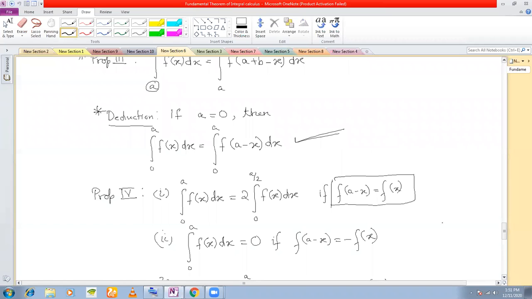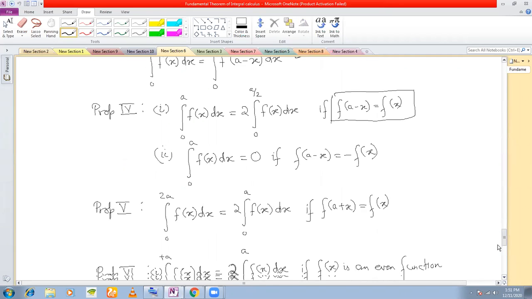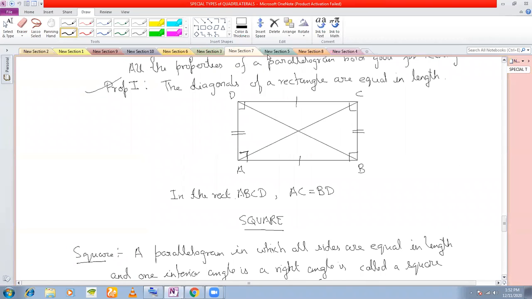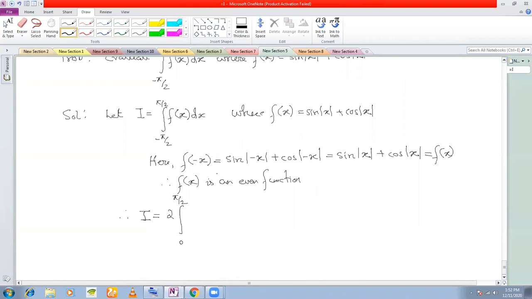If you remember this rule, property number 1: the integral from minus a to plus a is twice the integral 0 to a of f(x), where f(x) is an even function. So we've used that only. Therefore, twice integral 0 to pi by 2 of f(x) dx.